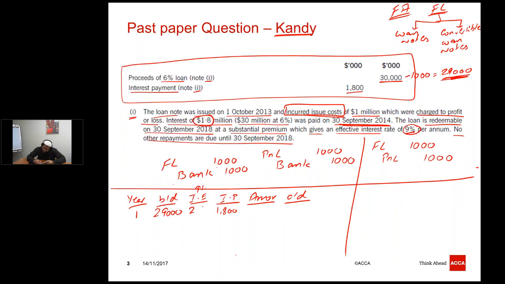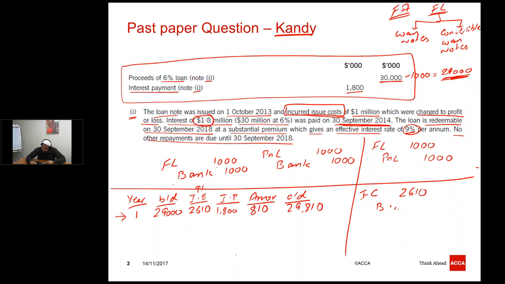So it is 2,610 and the difference is going to be 810 of amortization and 29,810 for the carried down. So we had to perform the accounting for year 1. The entry that we are going to prepare is interest expense, or the finance cost, debit by 2,610.